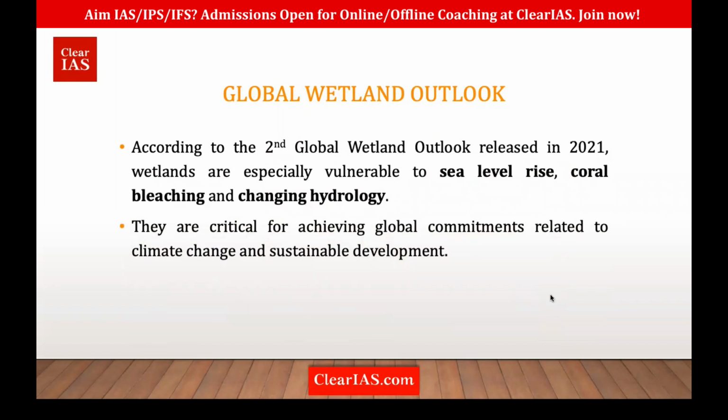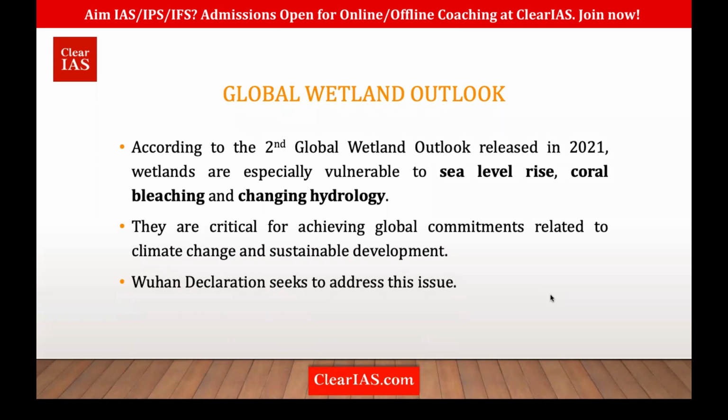That means we can adapt to climate change, or we can mitigate its impacts, just by conserving what? The wetlands. So that is why the Wuhan Declaration was adopted in order to address this issue. Clear? So Wuhan Declaration, remember, it is with regard to what?